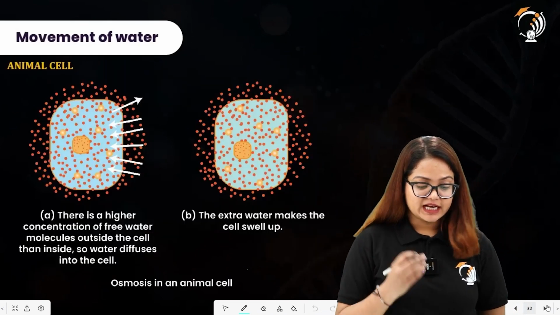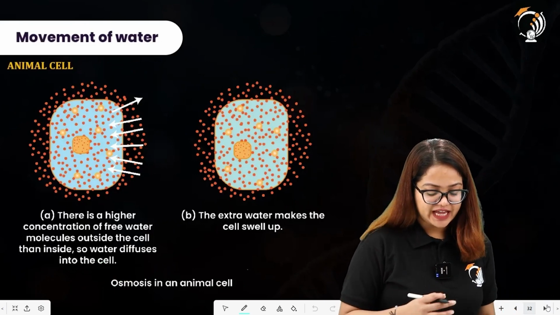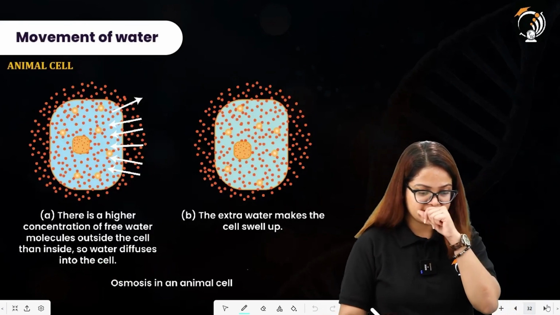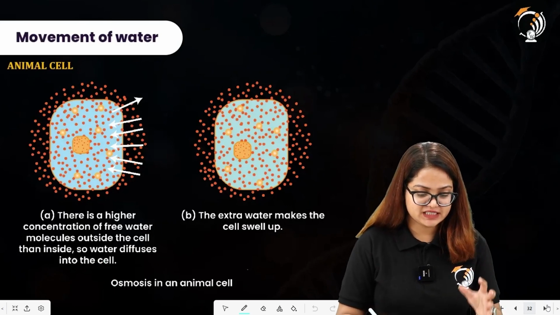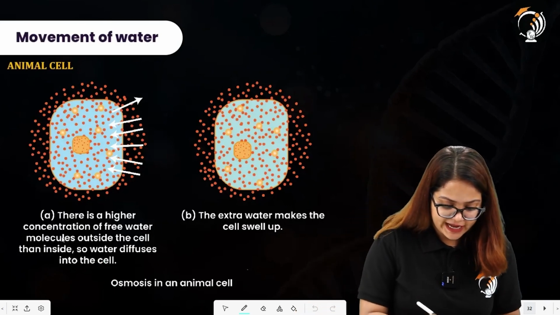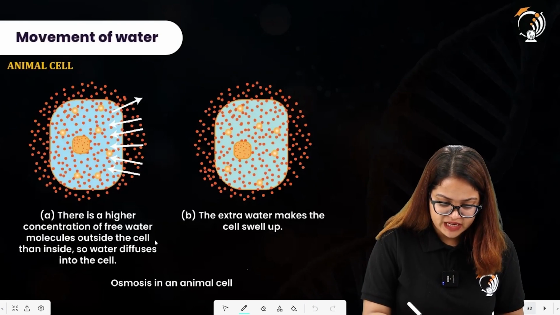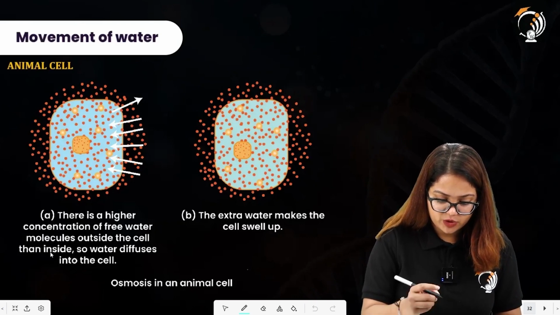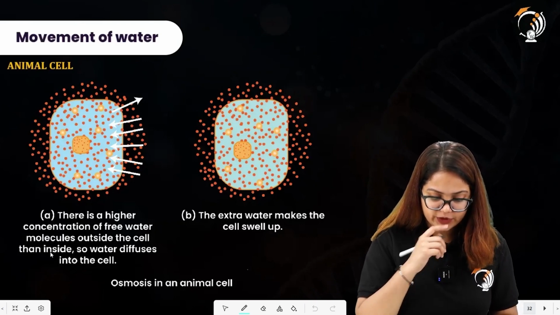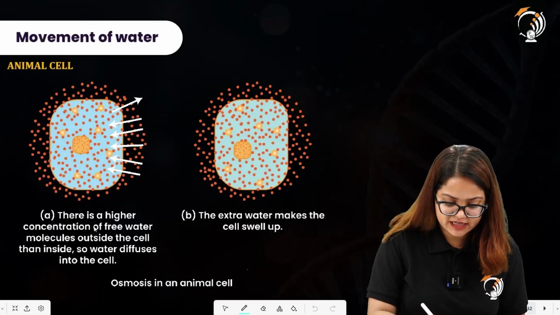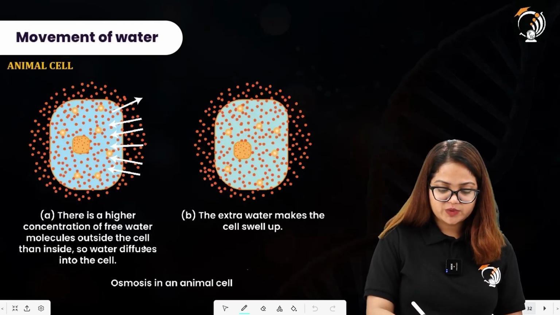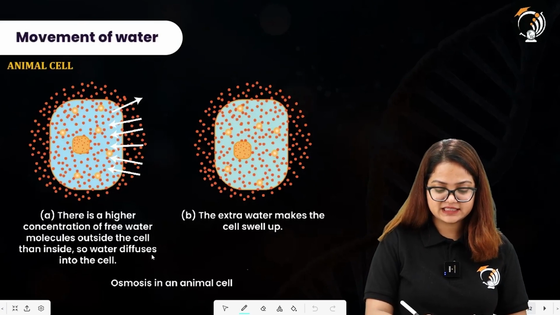Then, considering the animal cell here, part A represents that the cell has been placed in a higher concentration of free water, or you can reconsider this statement: there is a higher concentration of free water molecules outside the cell than inside.